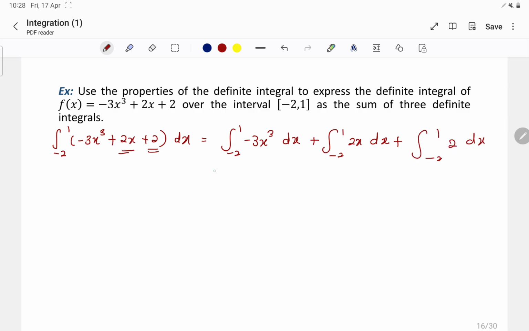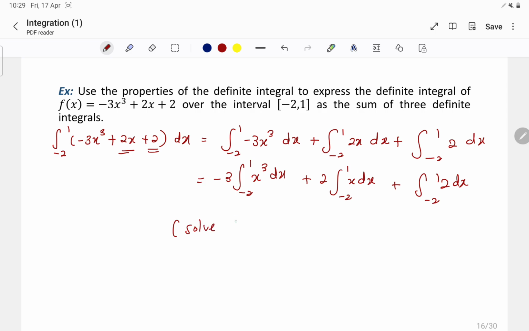From here, you also can bring negative 3 outside because negative 3 is a constant, and you bring 2 outside. If you want to bring outside also can, don't want to bring outside also can, it's up to you. 2 dx from negative 2 to 1. And then you can solve this as usual. Do one by one.